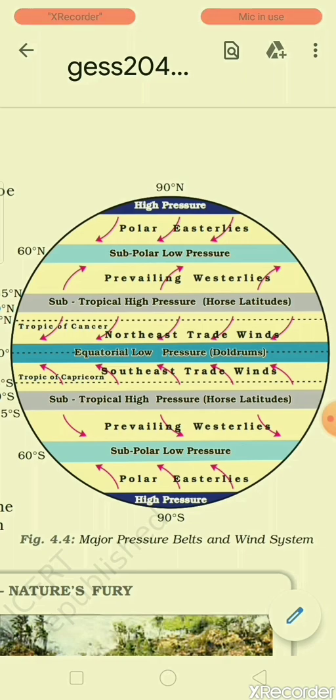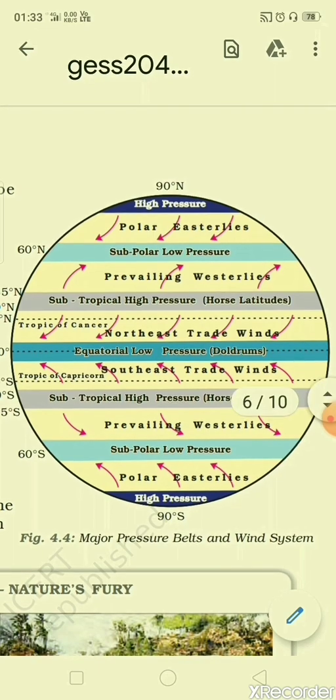So we can see that the blue colored belt in between is the equatorial low pressure. Basically, the equatorial belt is 5 degrees towards the northern hemisphere and 5 degrees towards the southern hemisphere. The blue one in between, I am talking about that.